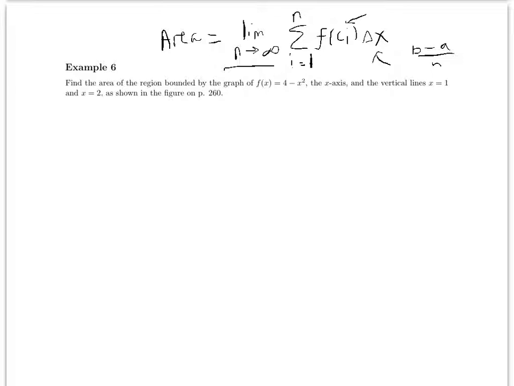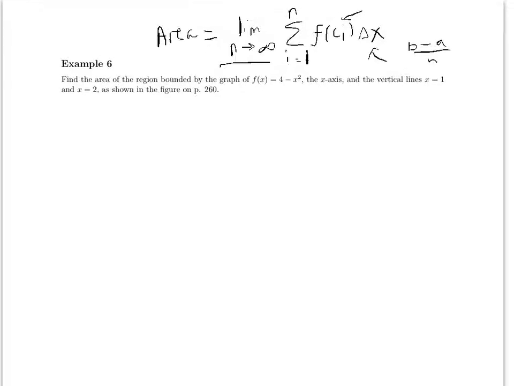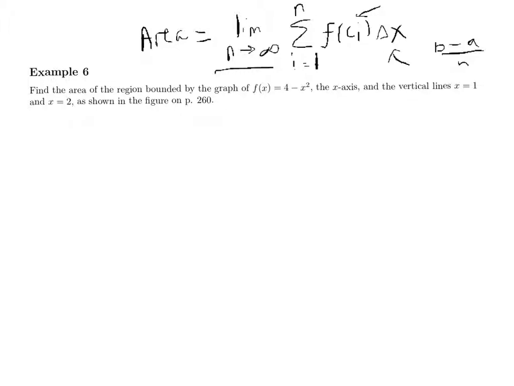So, example 6. We're finding the region. This is slightly different than the problem we did yesterday because our region is different. So yesterday it was from 0 to 1. Today we are finding the area bounded by this graph, which is an upside down parabola, the x-axis, and then between x equals 1 and x equals 2.